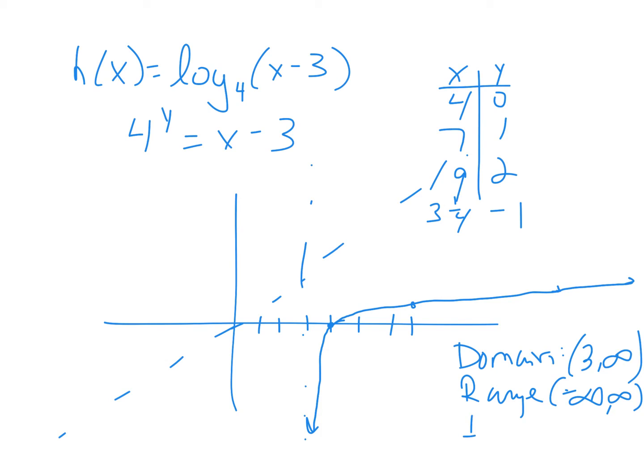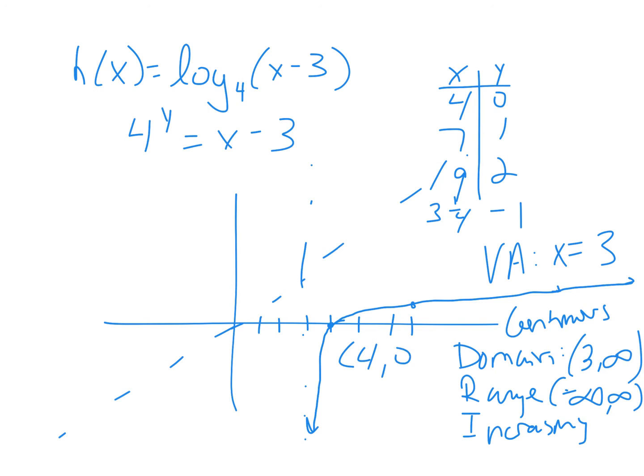It is always increasing, and it's continuous. And we have a vertical asymptote at x equal to 3. No horizontal asymptote, just a vertical asymptote. And our x-intercept's at 4, 0. No y-intercept, we have an x-intercept.